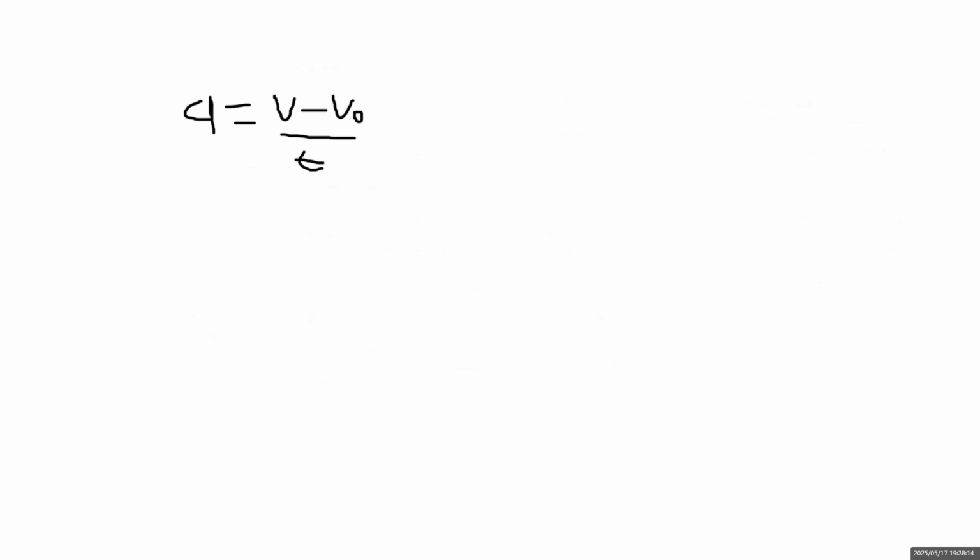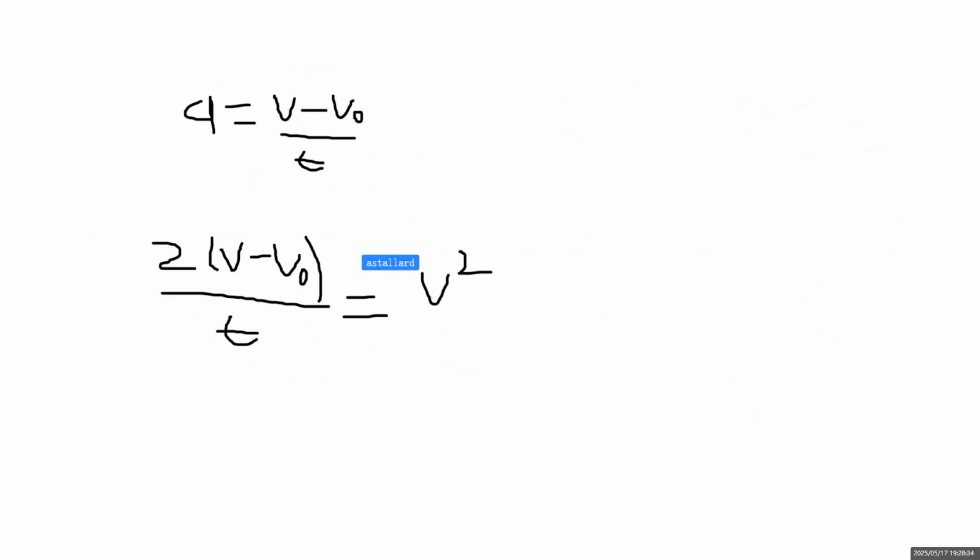We plug this into equation 4. We have 2 times v minus v naught over t, times x minus x naught, which equals v squared minus v naught squared.